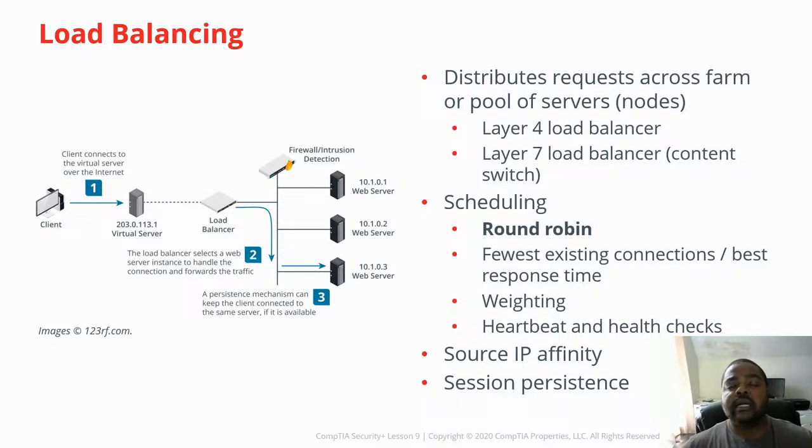So this is a good way to get around distributed denial of service, and it should be implemented, but some businesses are not equipped to have different servers to create that type of load balancing scenario. So this is where the cloud could come into play, where we could spin up different servers in the cloud in order to have that data go back and forth between those different servers.